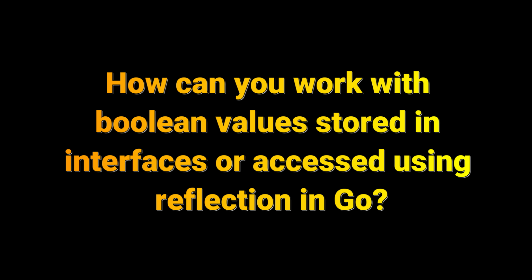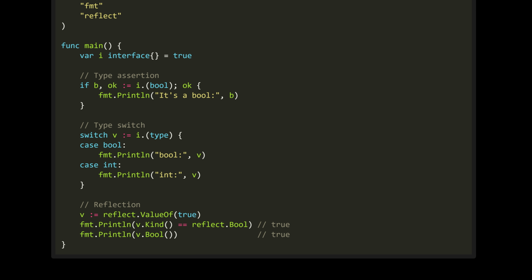Question: how can you work with Boolean values stored in interfaces or accessed using reflection in Go? Answer: in Go, when a Boolean value is stored in an interface, you must extract it safely. You can use a type assertion to check if the value is a bool and then read it.